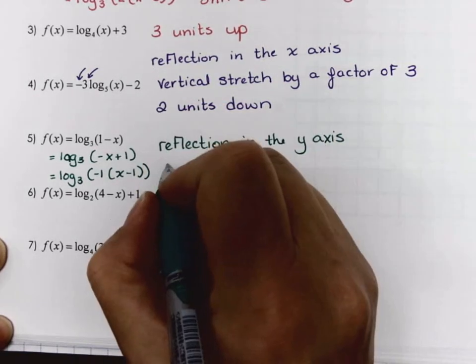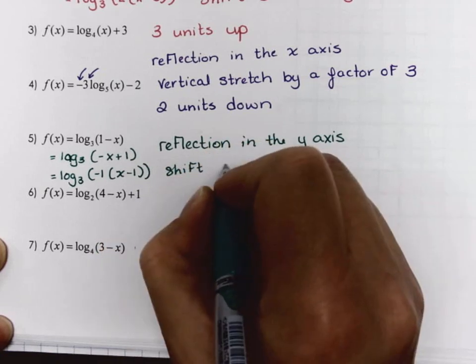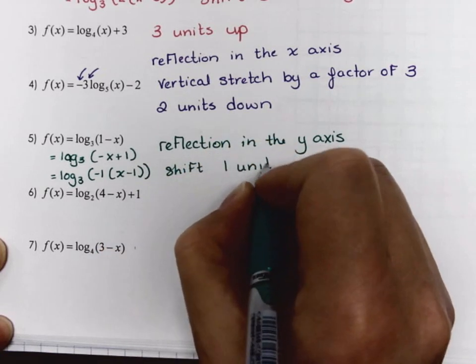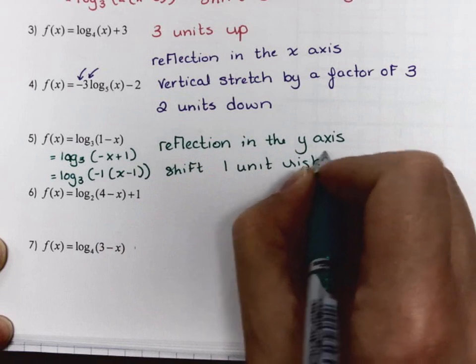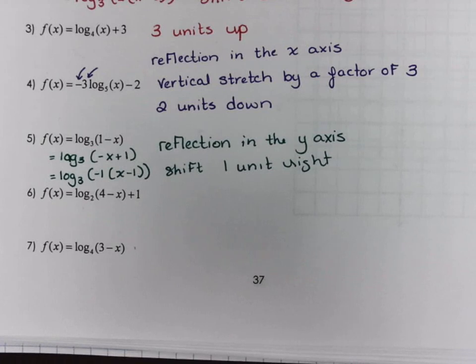And then we have a horizontal shift, 1 unit to the right. So if you didn't pull that out, you'd get the mark for the reflection, but then you'd lose the mark because your shift would be going in the wrong direction. So if this was a 2-mark question, you would lose a full mark. If it's a 1-mark question, you'd lose half a mark.